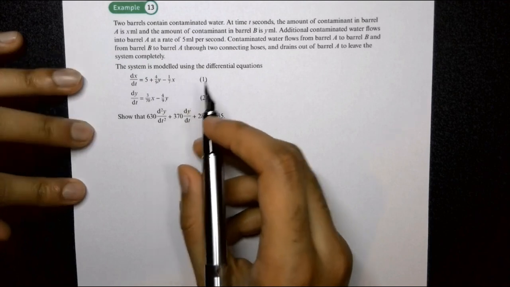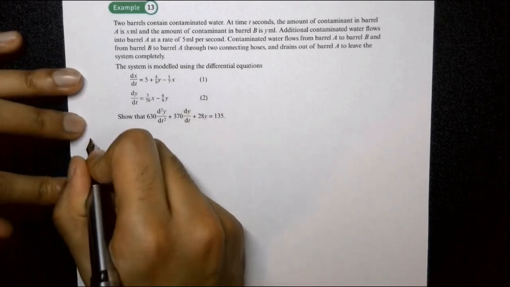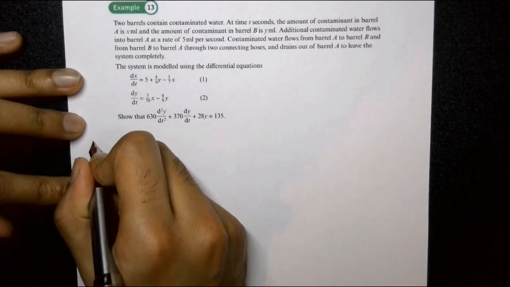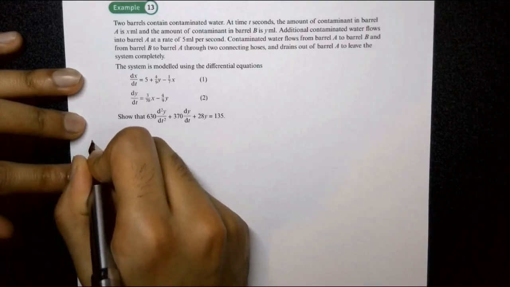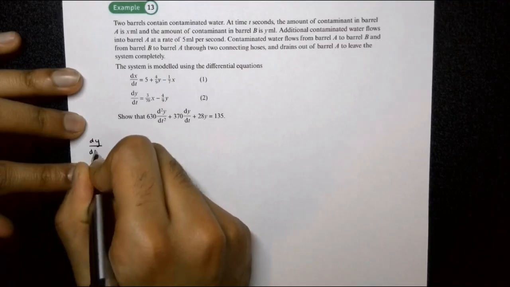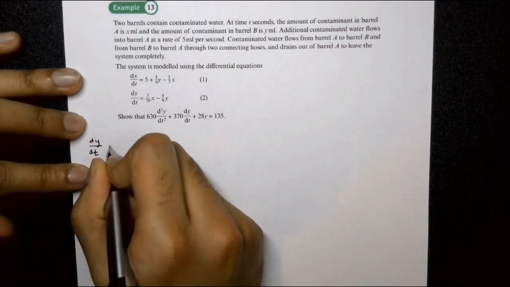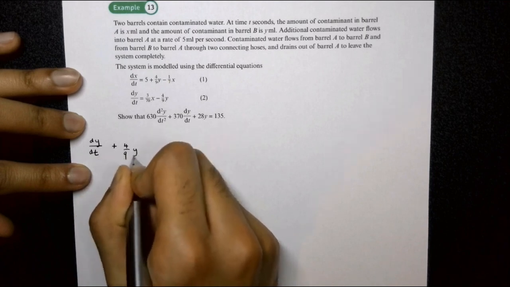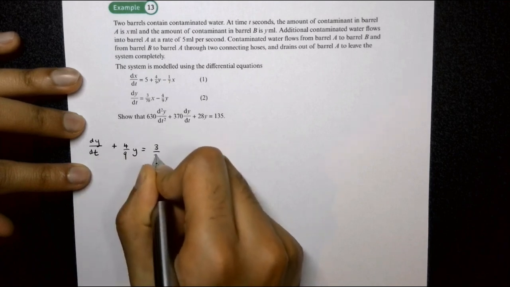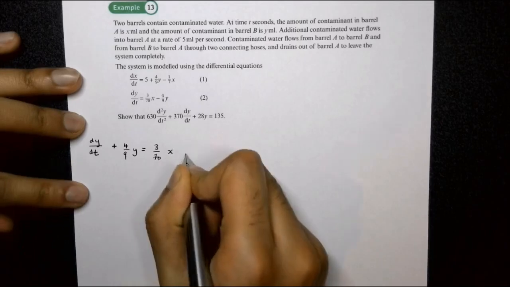So if you take a look at equation 2, we can rearrange that. So we have dy/dt plus 4/9 y equals 3/70 x.